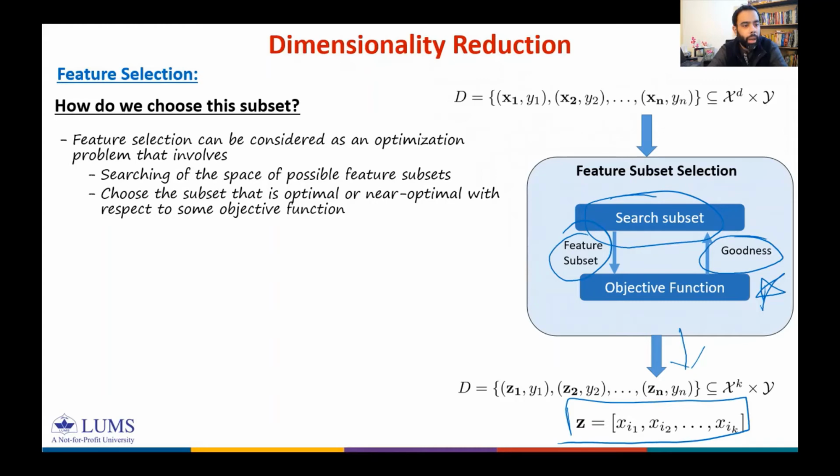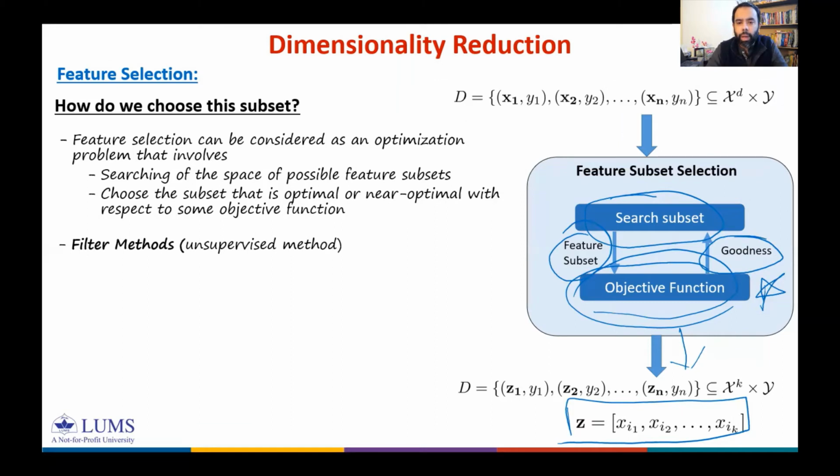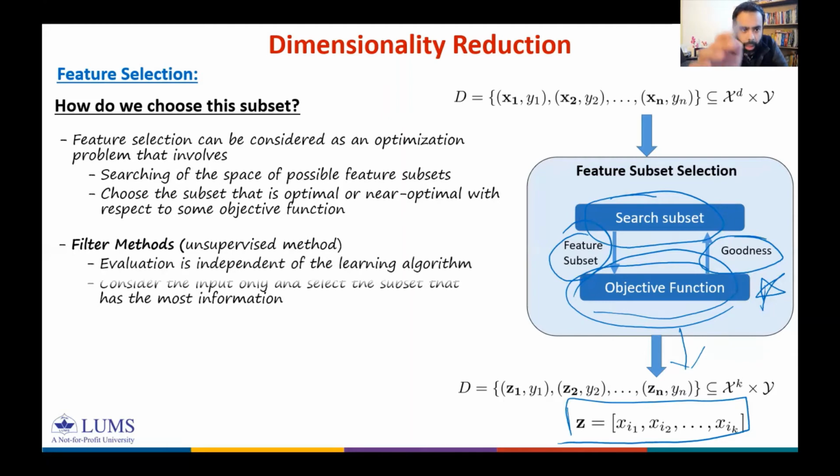Okay. To carry out this, we have different methods proposed in the literature, but in this course, we'll talk about two types of methods, right? The filter methods, which are also called unsupervised methods. In filter methods, the evaluation of this objective function is carried out without taking into account the learning algorithm.